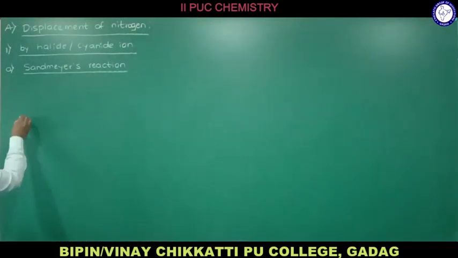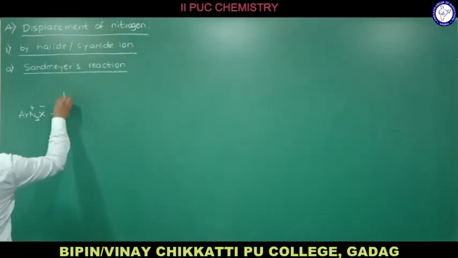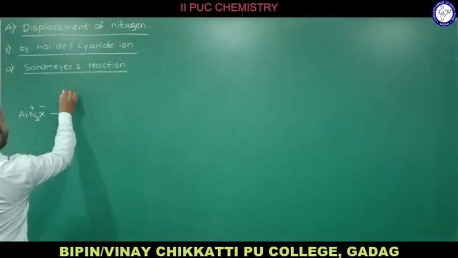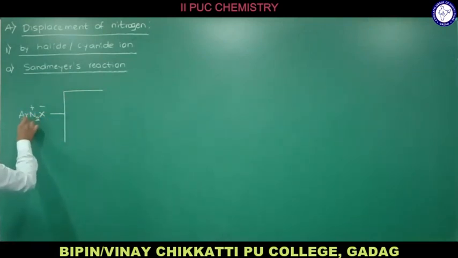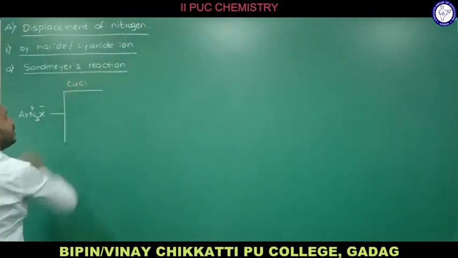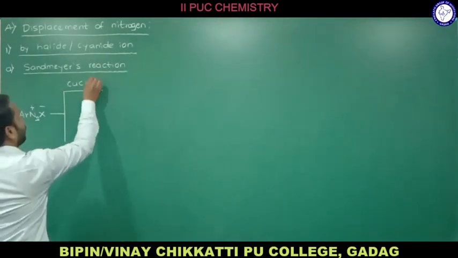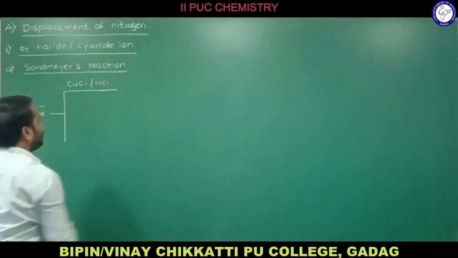So just observe here. Now I am going to consider ArN2X, that is nothing but arene diazonium halide. When this reacts with, I consider three different nucleophiles. The first one: when arene diazonium halide, or in particular chloride, reacts with CuCl, that stands for cuprous chloride, in the presence of one halogen acid, that is HCl.